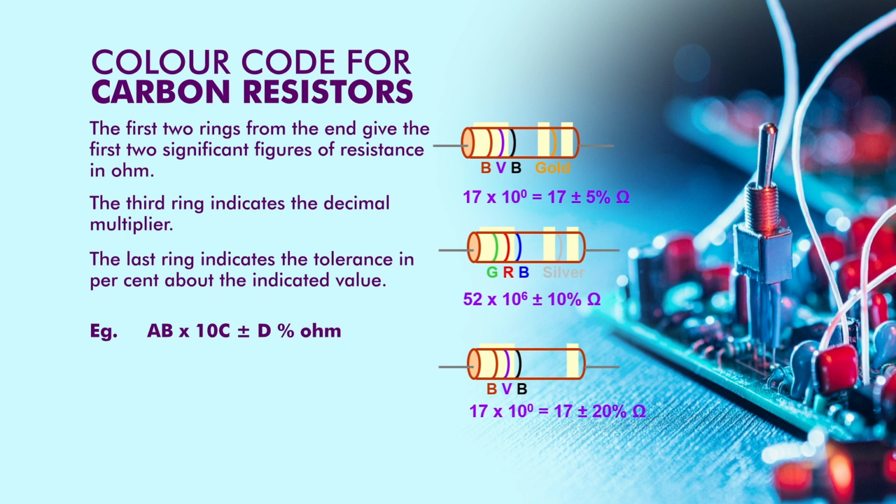The third band indicates the multiplier or number of zeros to be added after significant digits to get the final resistance value. And the fourth band is optional. Some resistors may have a fourth band which indicates the tolerance level or the allowable deviation from the stated value. If there is no fourth band, it indicates a standard tolerance level.